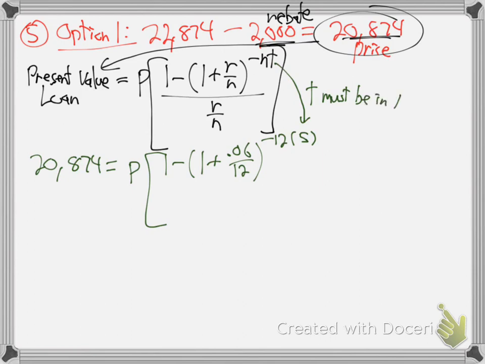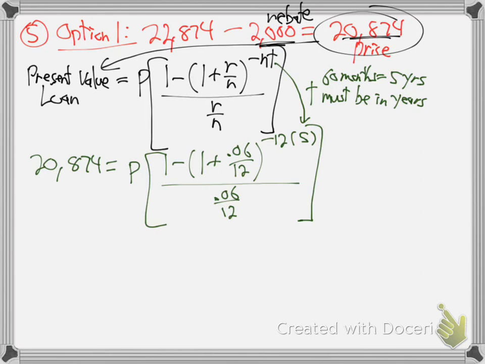T must be in years. So 60 months equals 5 years. Put that in years. 0.06 over 12. There we go.